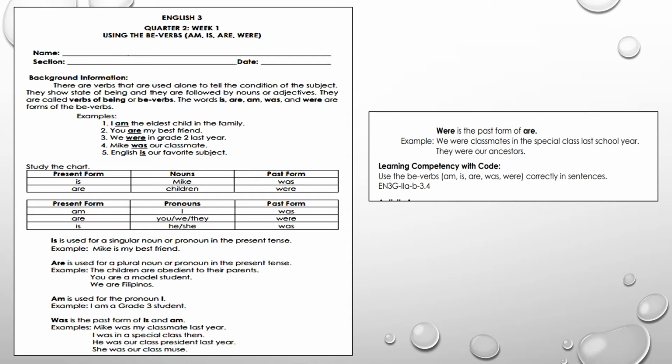So, to replace are that is presently used, and if you're talking about it in a past form or it already happened, then you use the word were. Okay? So, with this lesson, there will be another link that will be shared to you so that you will be able to understand how to use the be verb is, are, am, was, and were. The link will be provided in our group chat.